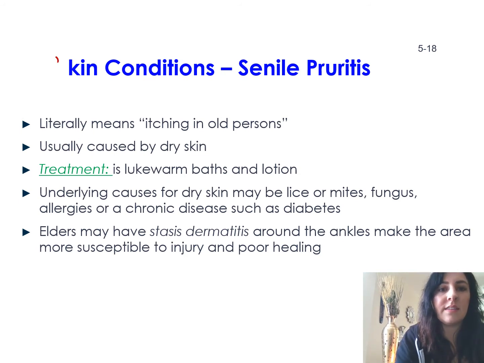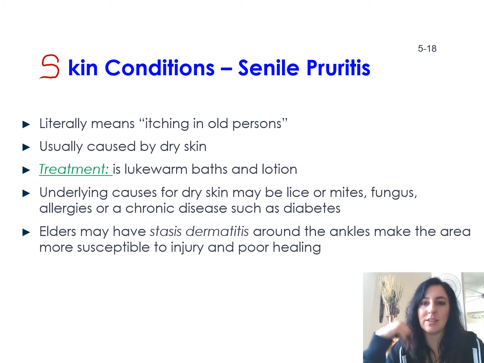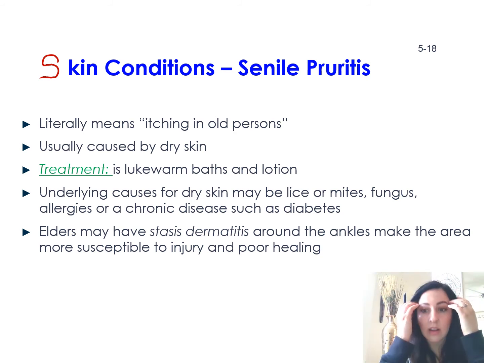This is skin conditions. Now we're going to look at a couple of skin conditions. First, we have senile pruritus, which literally means itching in old persons. Maybe you've seen your grandparents or someone else who just itches a lot.